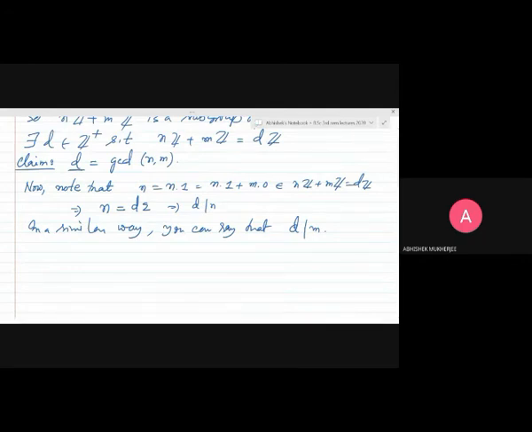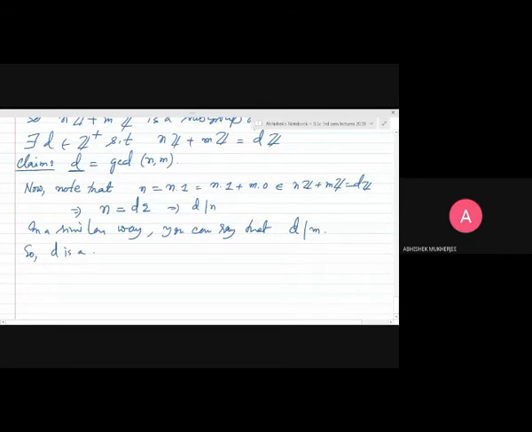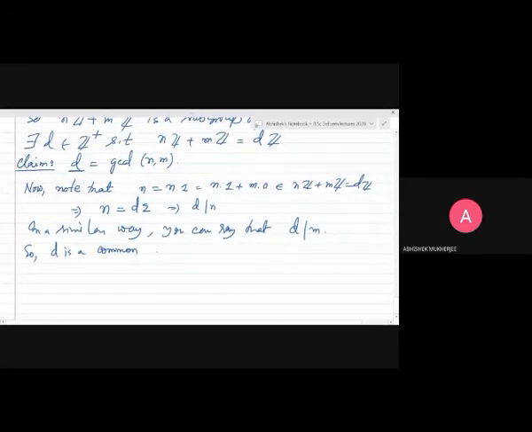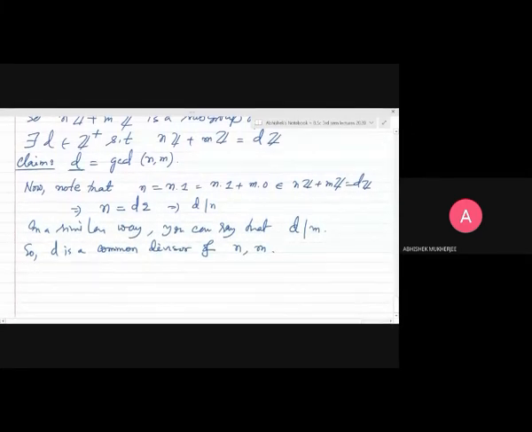That means d is a common divisor of n and m. Now it remains to check that d is the greatest common divisor of n and m.